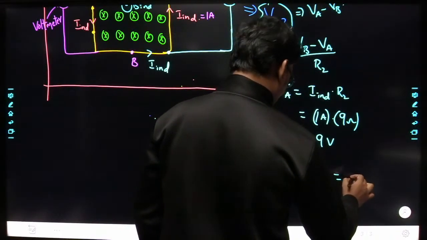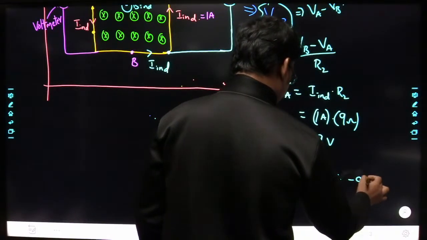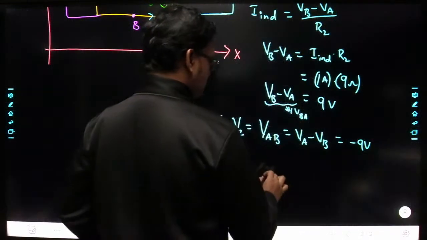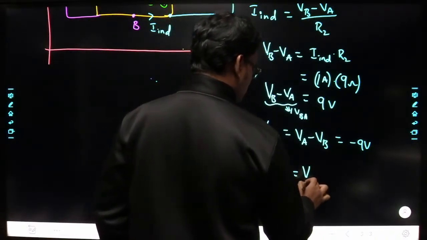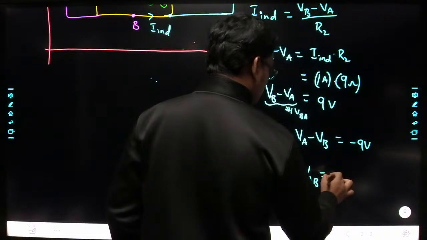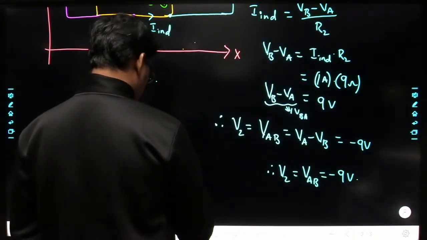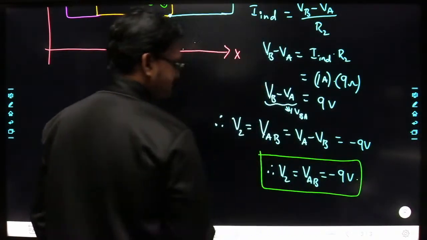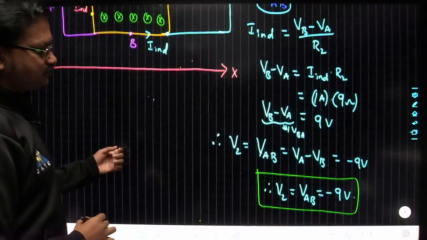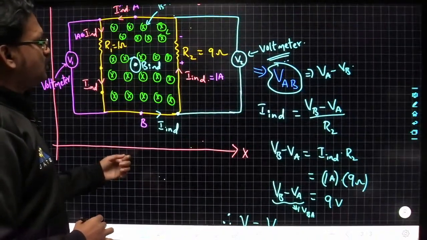You will get minus 9 volts, right? So therefore V2 is equal to VAB, which is equal to minus 9 volts, right? Okay.